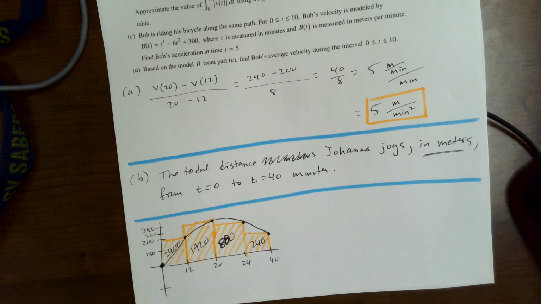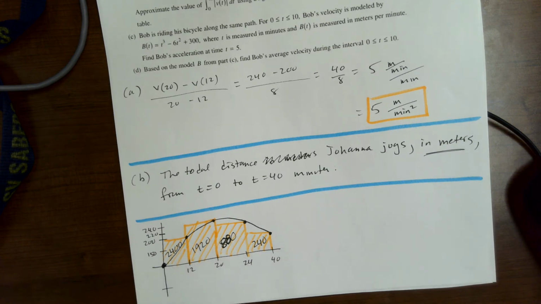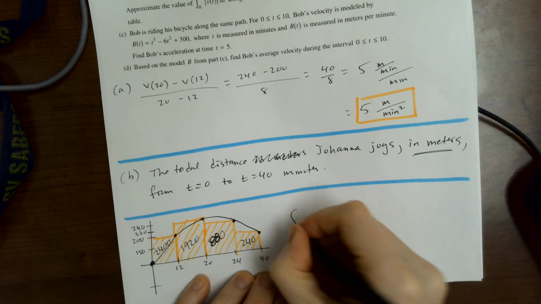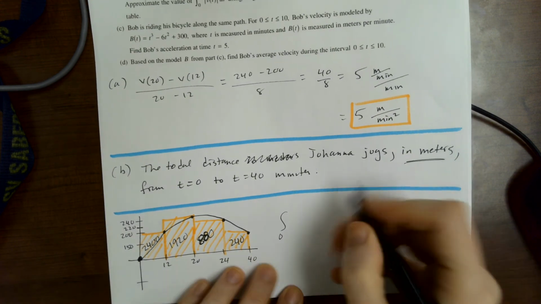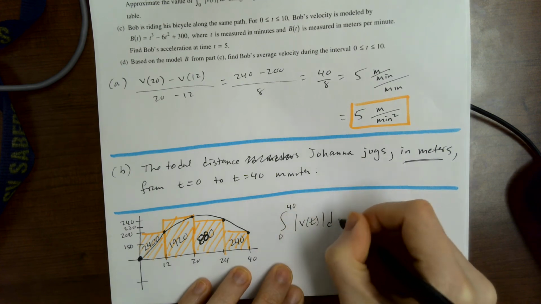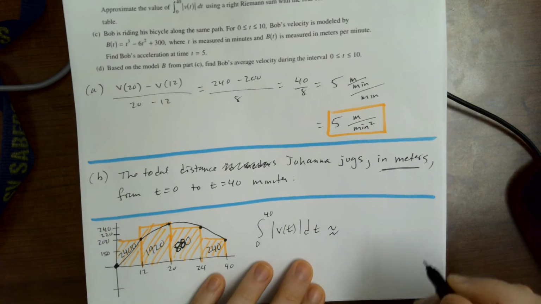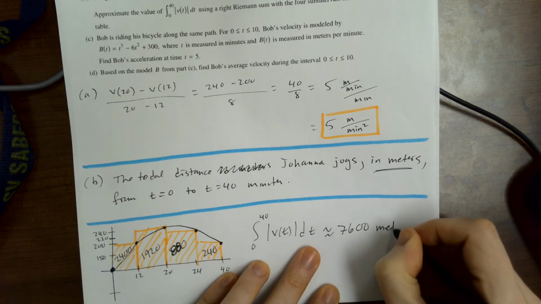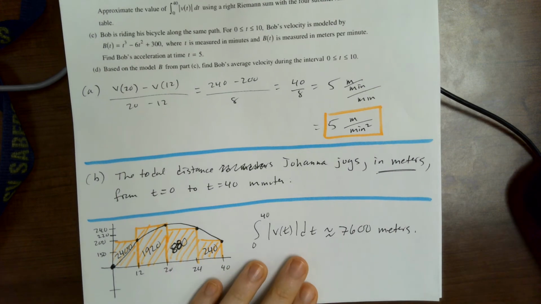Okay. And then you add all of these together. I'm not going to show you me adding them, but when you do, you get this: the integral from 0 to 40 of the absolute value of v of t, dt, is approximately meters. Okay, so that was part B.